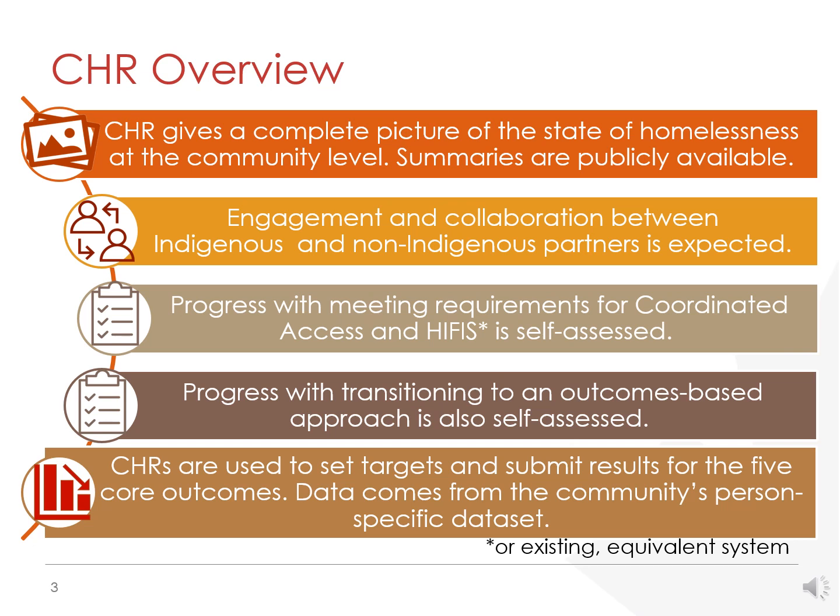The CHR is an annual Reaching Home reporting deliverable that helps communities to self-assess their progress with program implementation. It's about understanding the state of homelessness at the community level.